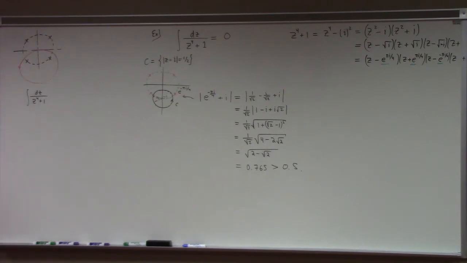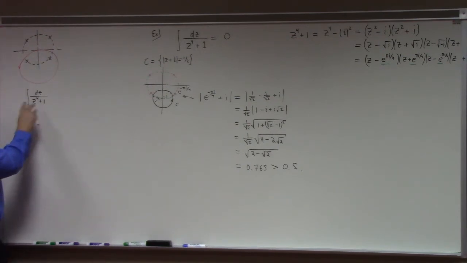So either we need to somehow deform the loop into two loops and add them together, or we need to do what? Change the function so that it's the sum of two functions, each of which has only got one singularity. So that's what's called partial fractions.